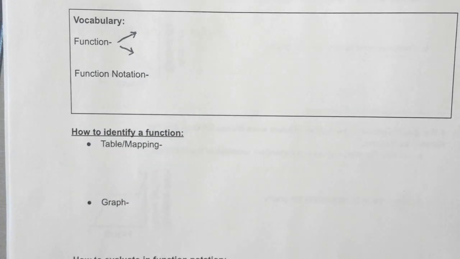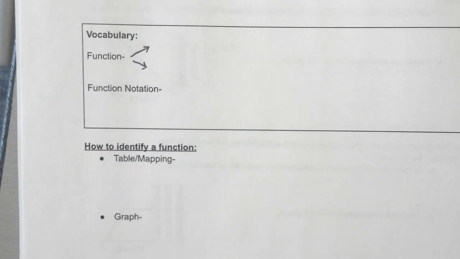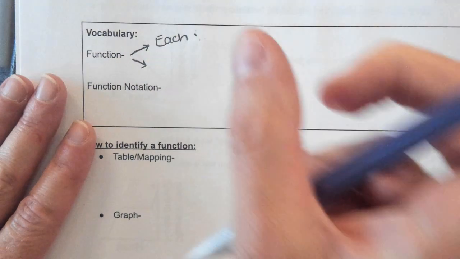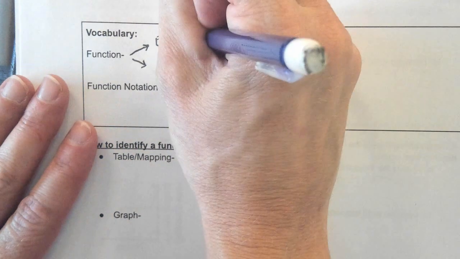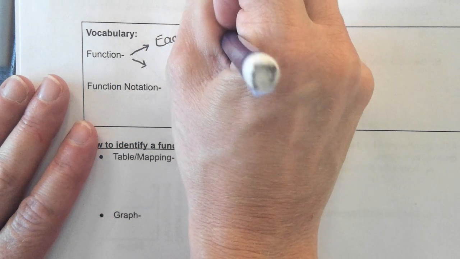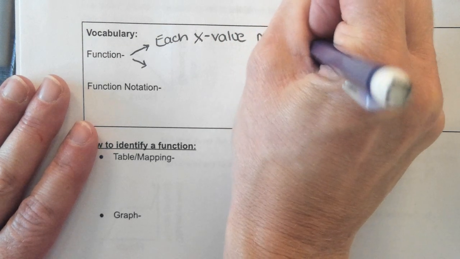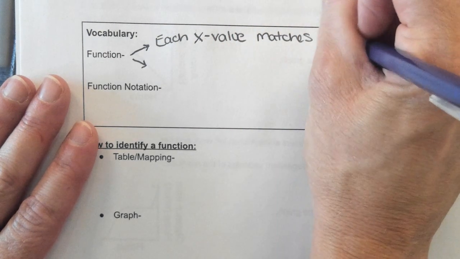I'm going to start with what Cole said, because that's super important: each x value matches to only one y value.